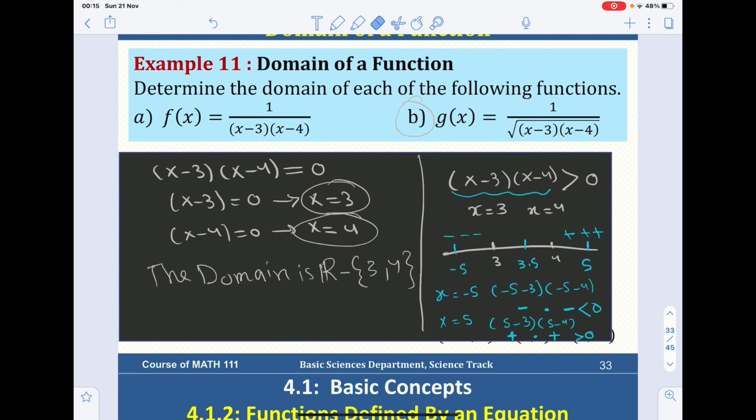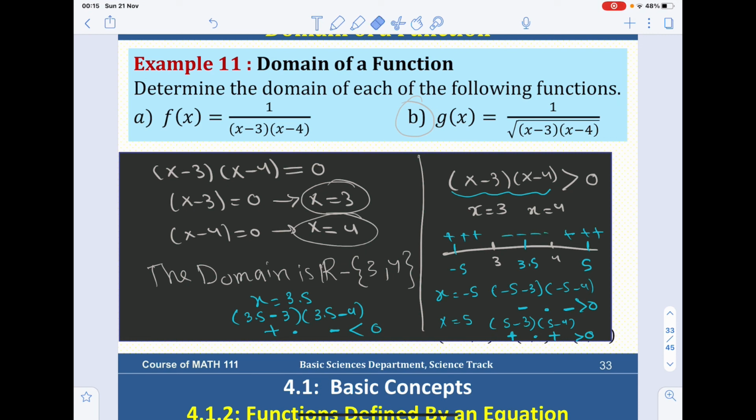The last point is when x equals 3.5. So I would have 3.5 minus 3, then 3.5 minus 4. This would be positive, but this would be negative, and positive times negative is less than 0. So the answer would be negative.